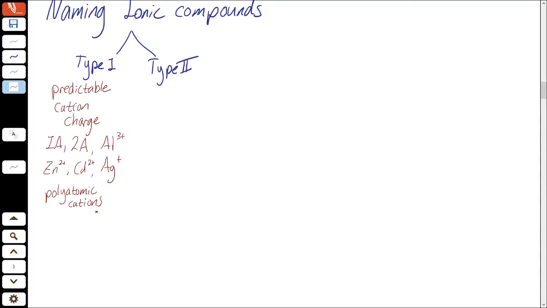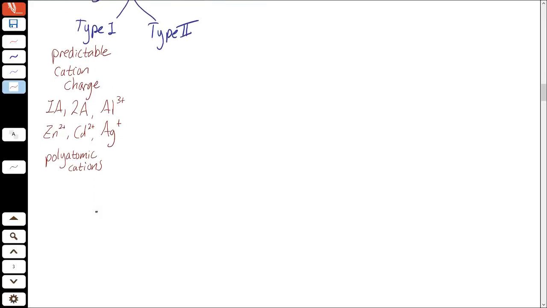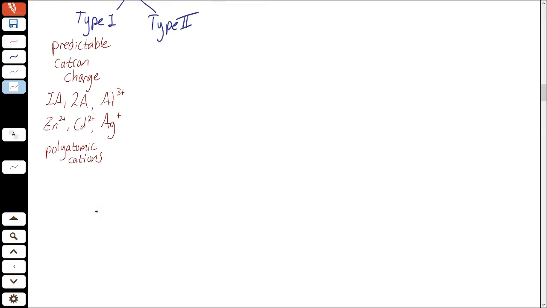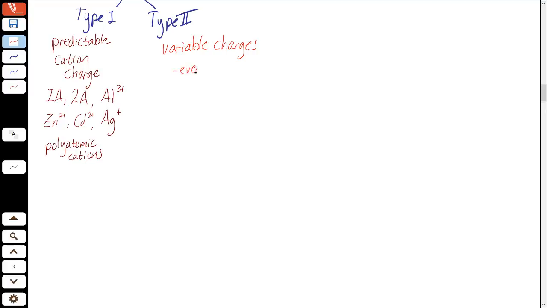Okay, so that's the predictable charges. And then type 2 are the unpredictable charges, or we'll just say variable charges. Which is anything not in that list that we just made.